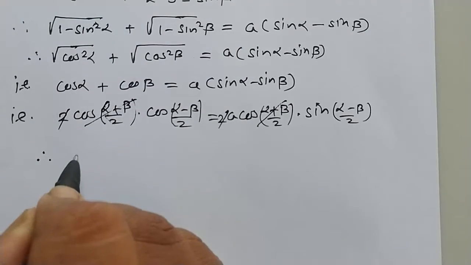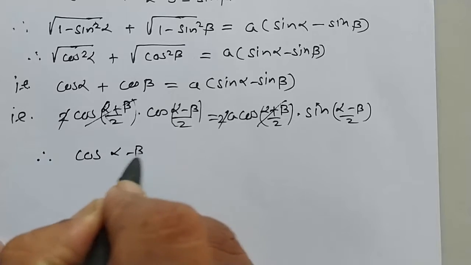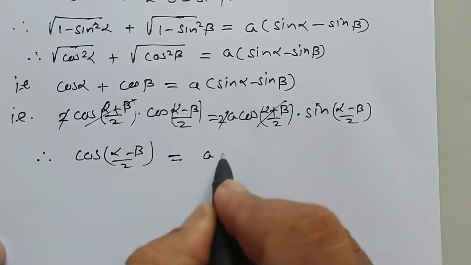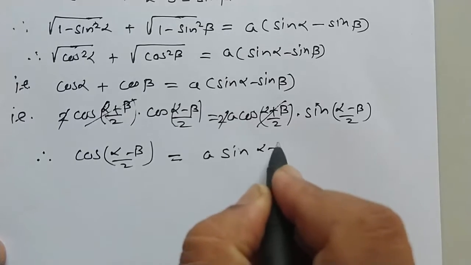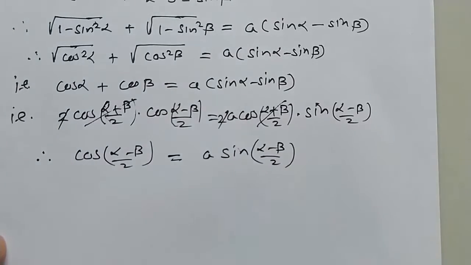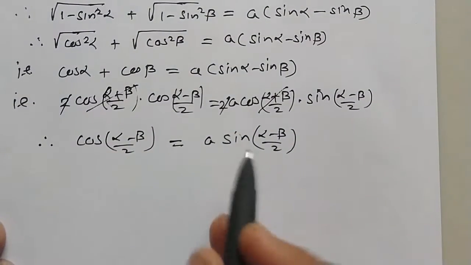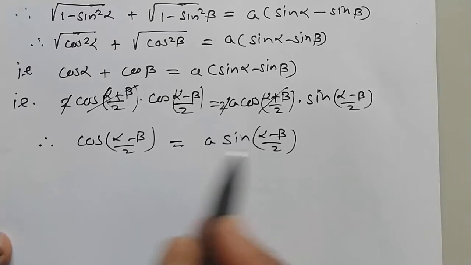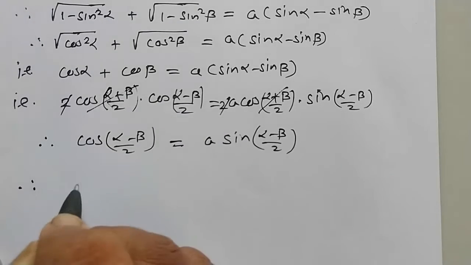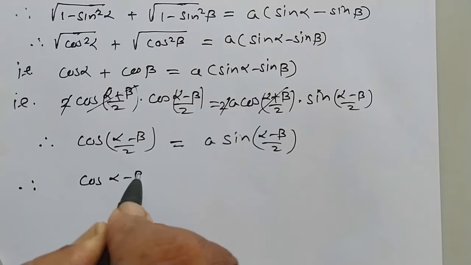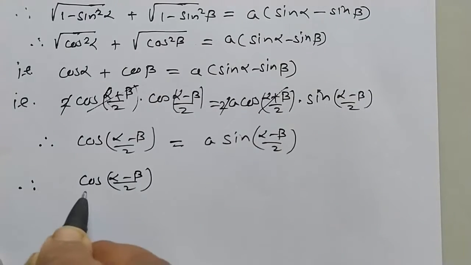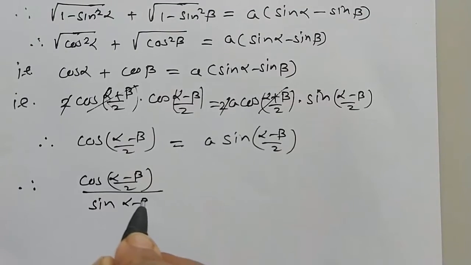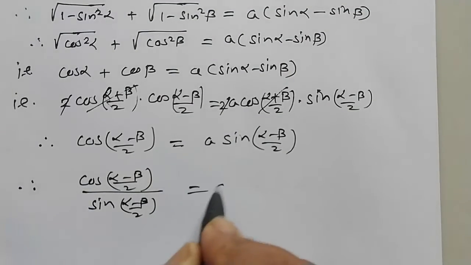Therefore we get cos((α − β)/2) = a sin((α − β)/2). Now dividing by sin((α − β)/2) on both sides, cos((α − β)/2) / sin((α − β)/2) = a.